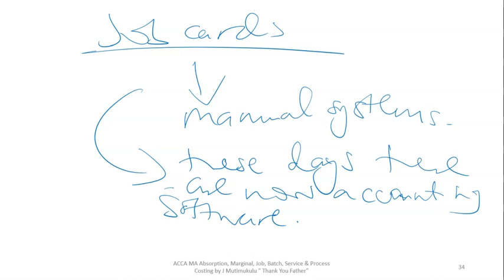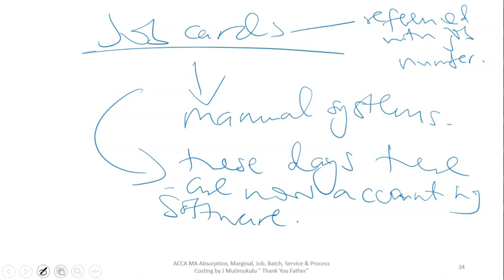The idea behind having job cards is that we need to account for every cost, every material that we have bought for a particular job. These job cards are given the same job number, referenced with the job number which we have just talked about. They itemize all costs, all materials.